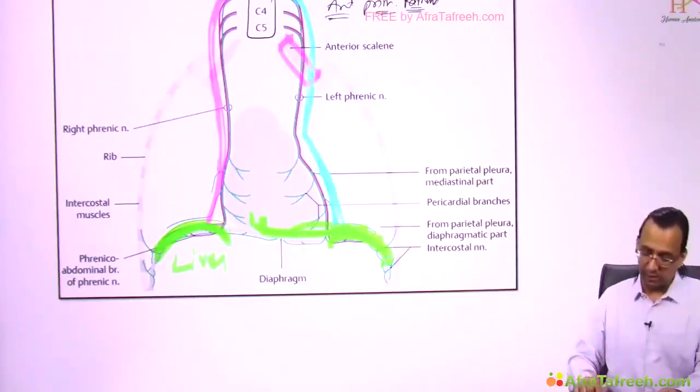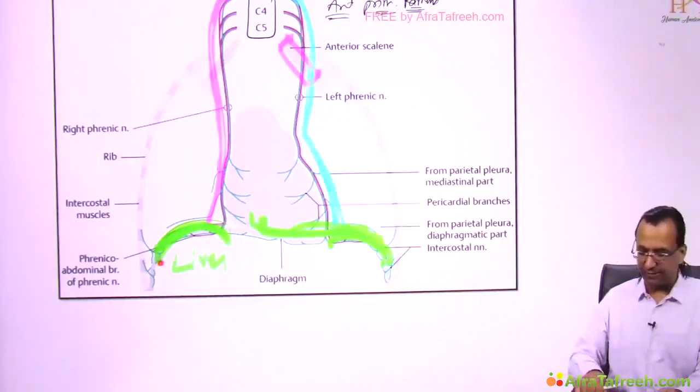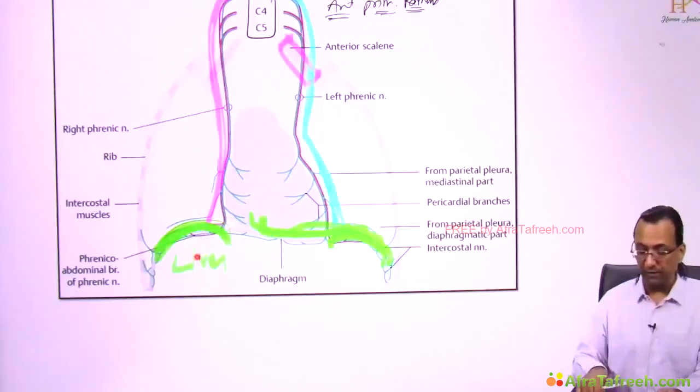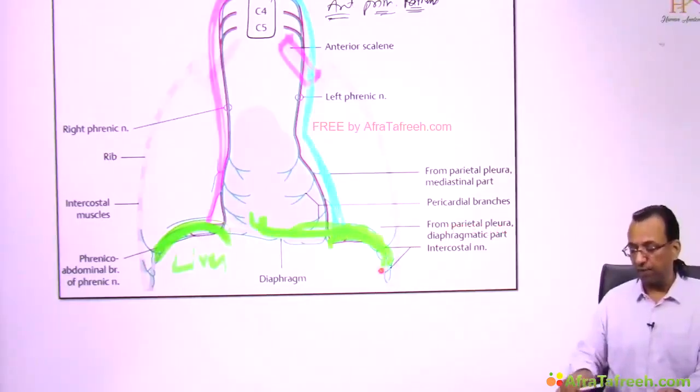So the right dome of the diaphragm is more superior and the left dome is inferior? Yes. Because the right dome is pushed up by the liver, and the left dome is pushed down by the heart.